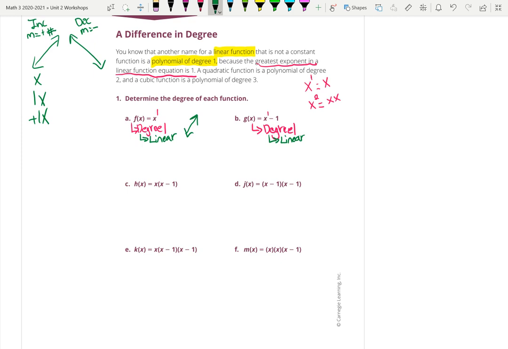All right, moving on. Now notice in C, if I were to distribute this h, it would result in an equivalent function, x squared minus x. Notice that the highest degree is 2.